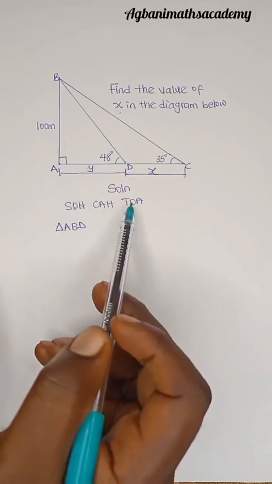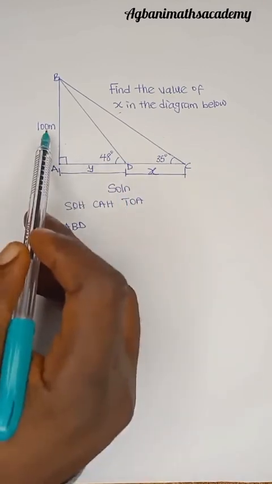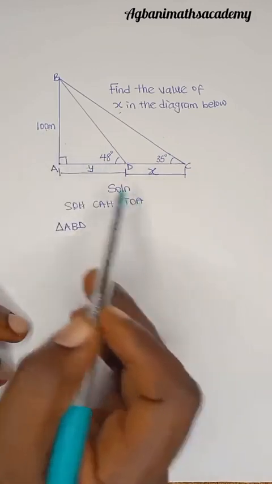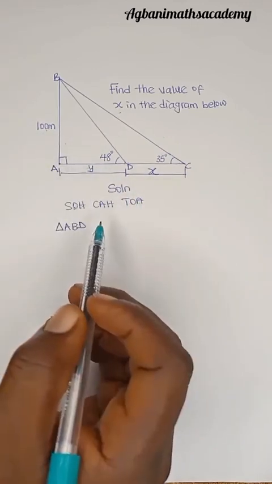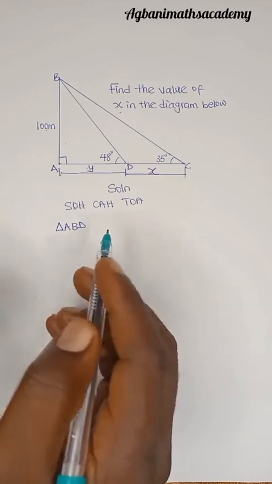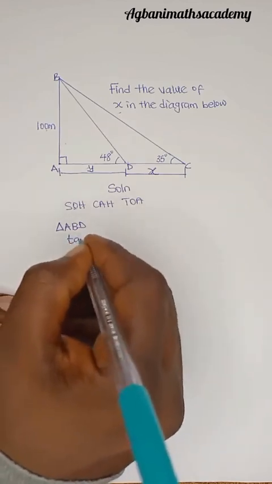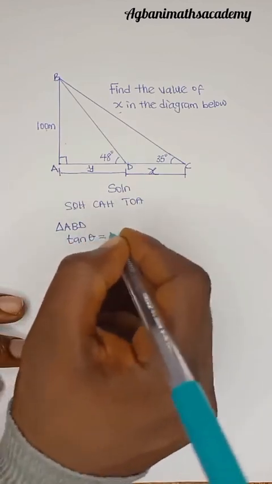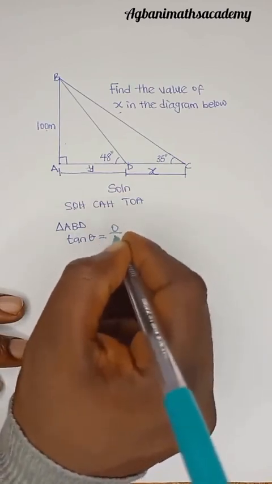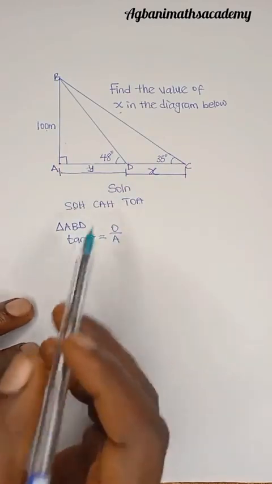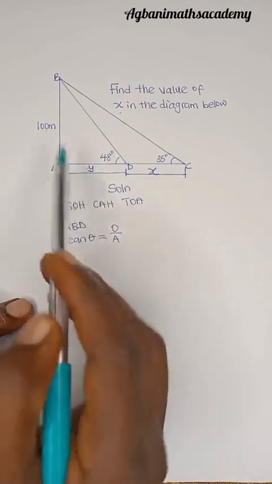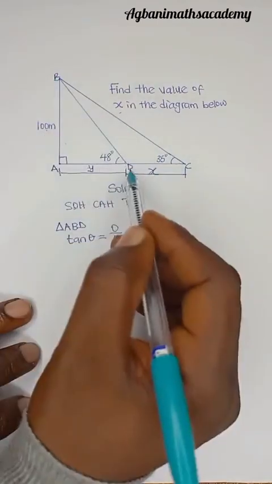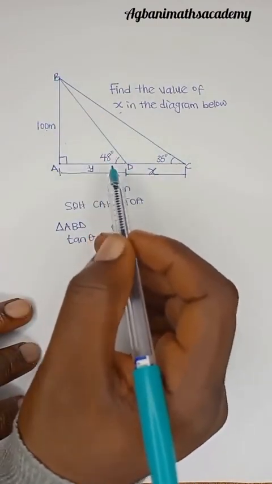Okay, because TOA contains opposite, this is the opposite, and adjacent, which is y. So we are going to use tan, which is also called TOA. So tan theta is equal to opposite all over adjacent. Okay, but what is our theta? What is the angle here in this triangle ABD? The angle given here is 48 degrees.